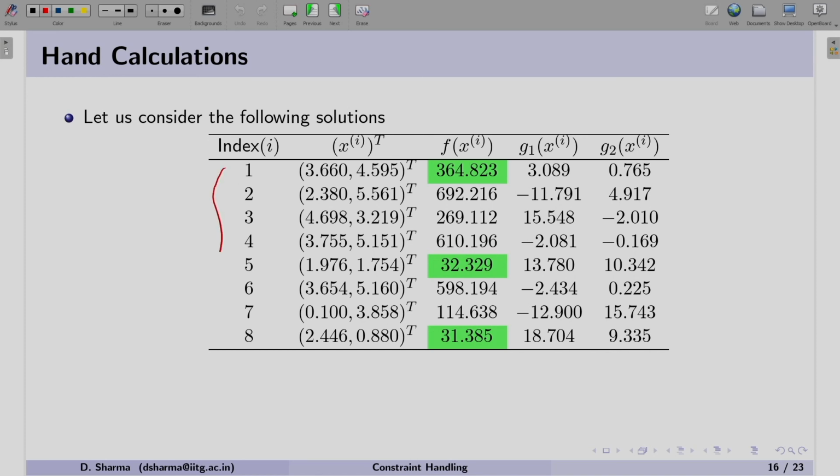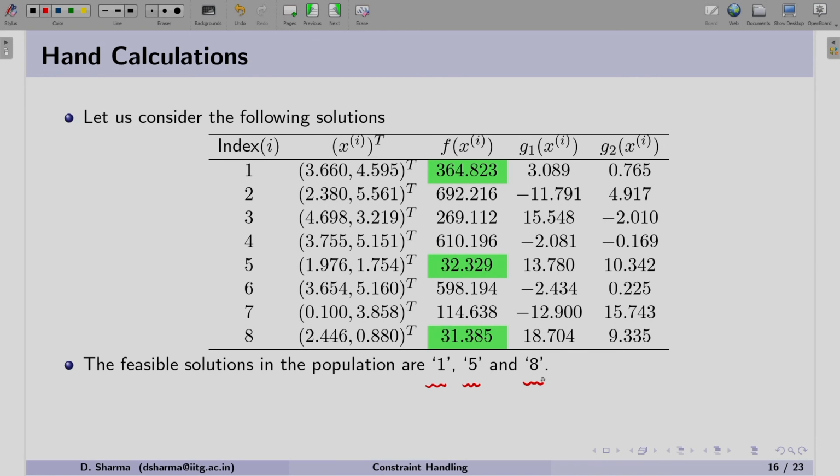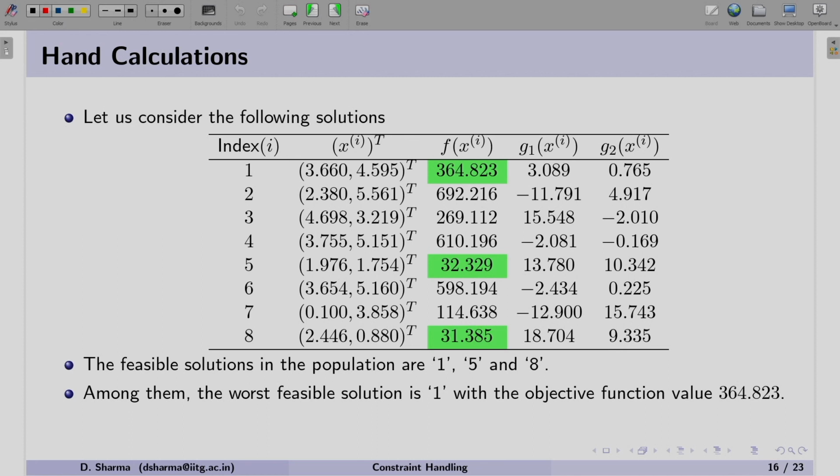In the given table, all 8 solutions are given, with their x value, their function value, and their g1 and g2 values. Now, as we remember, we have to consider only the feasible solutions. In this case, we have solution number 1, solution number 5 and solution number 8 as our feasible solutions. In order to calculate the F max value, we have to find the worst feasible solution.